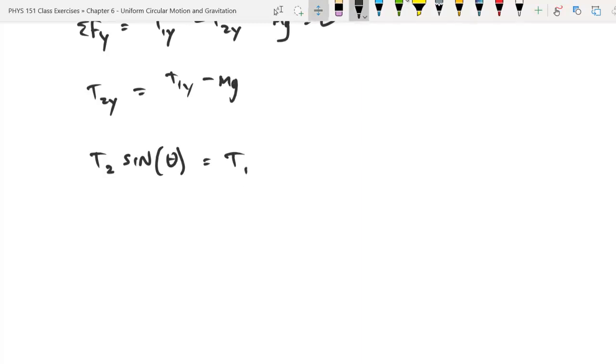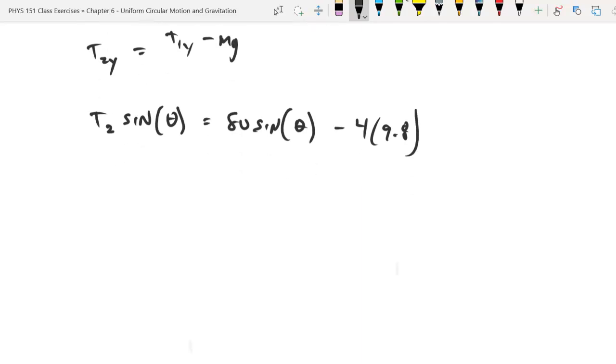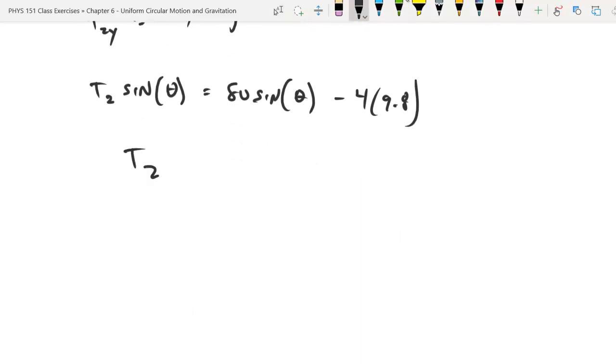Actually, let me just go ahead and plug that in. T1 was 80. So this is 80 sine theta minus m was 4 times g is 9.8, right? And so we get the magnitude of T2. Instead of writing all this out, to try to make the video a little shorter, I'll divide everything by sine of theta.